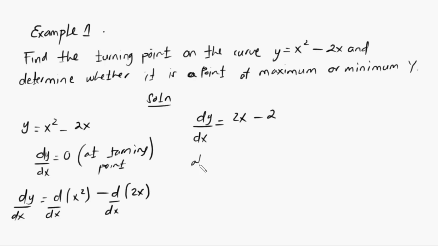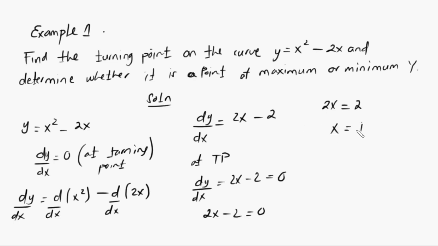This means at the turning point, dy dx, which is equal to 2x minus 2, is just equal to 0. So 2x minus 2 is equal to 0. So at the turning point, 2x is equal to 2. I bring this 2 here. So at the turning point, x is 1. So at x is equal to 1 is the turning point.